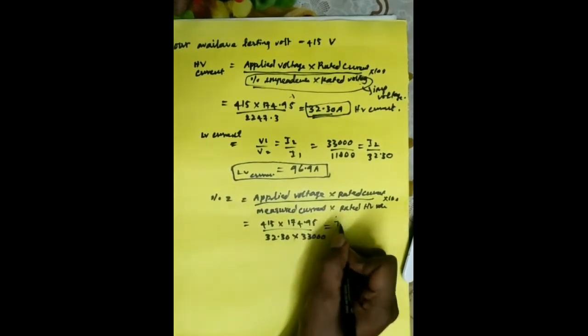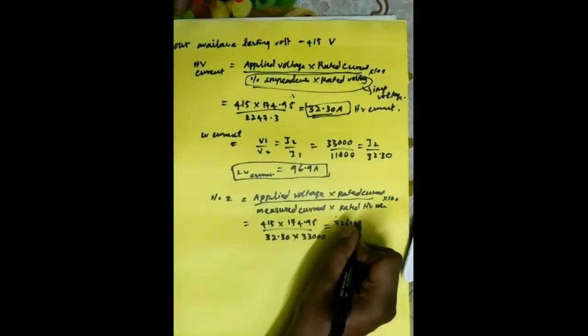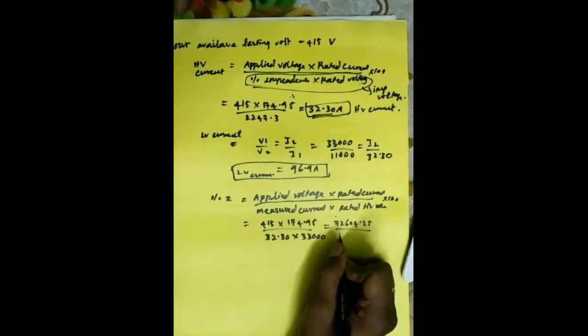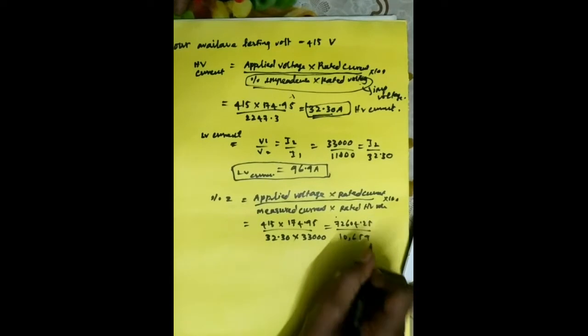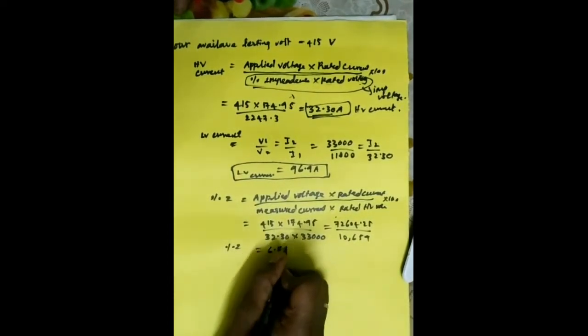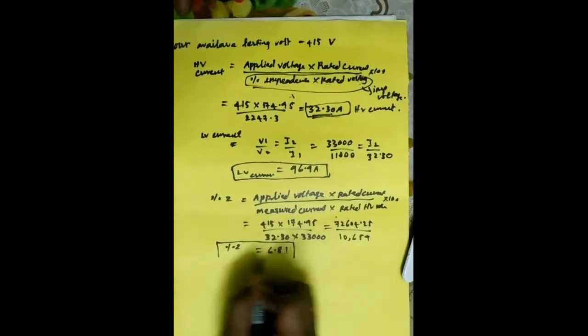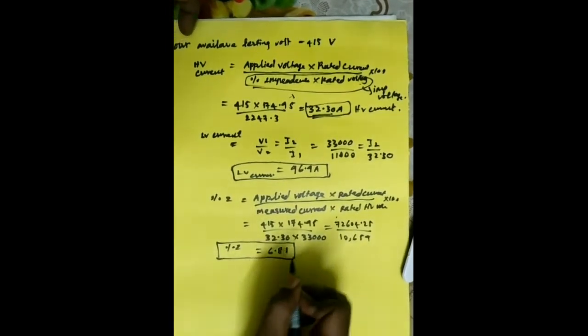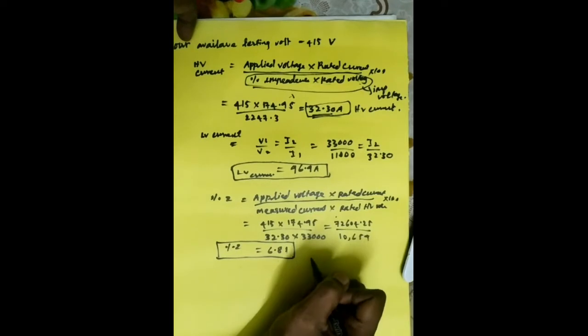So it will come around 72604.25 by 10.9. We'll get percentage impedance equal to 6.81. This is what is mentioned in the nameplate of the transformer.